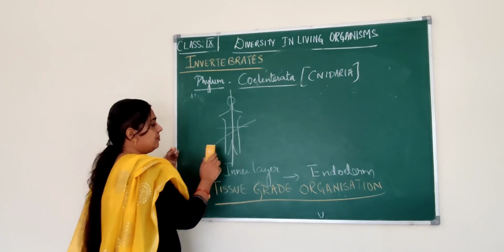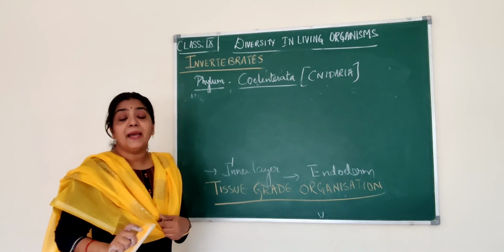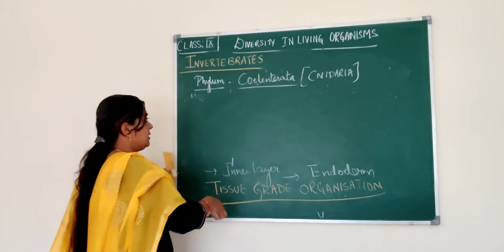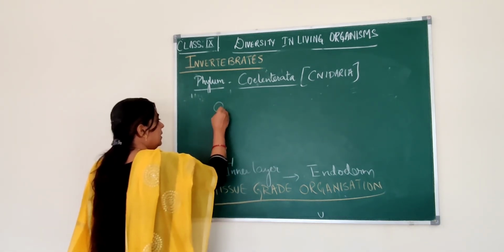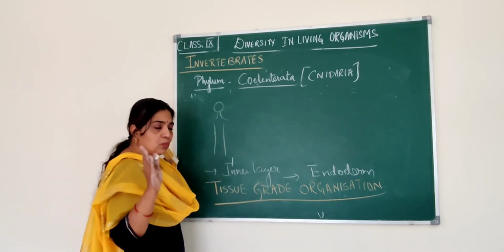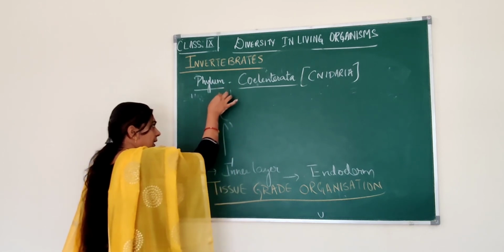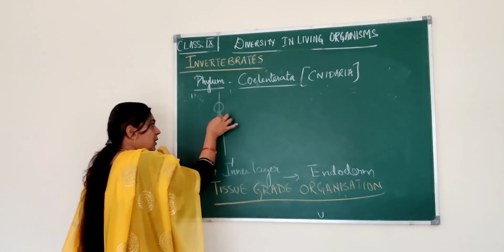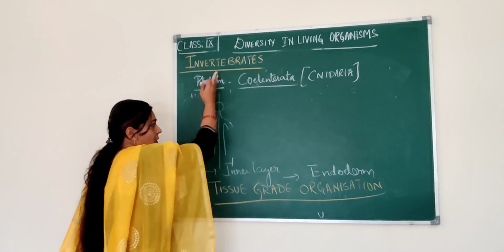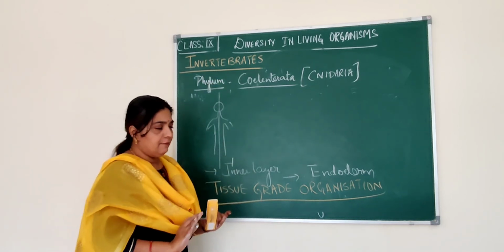This kind of symmetry is called bilateral symmetry. That is, human beings, higher animals. If you want to get 2 equal halves, you have to cut the organism only through this plane.